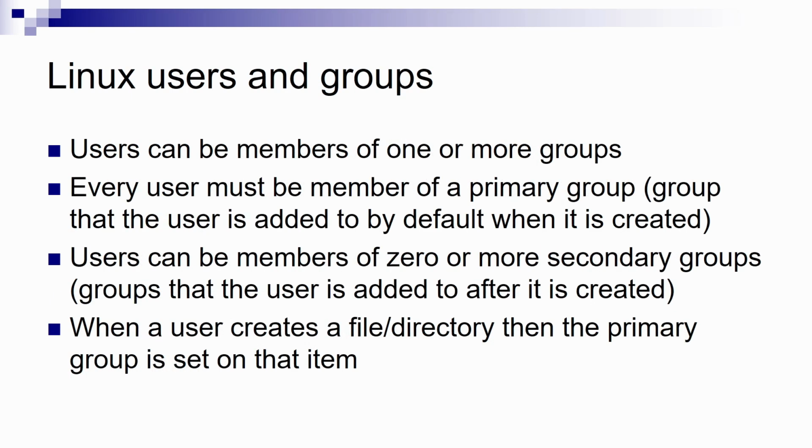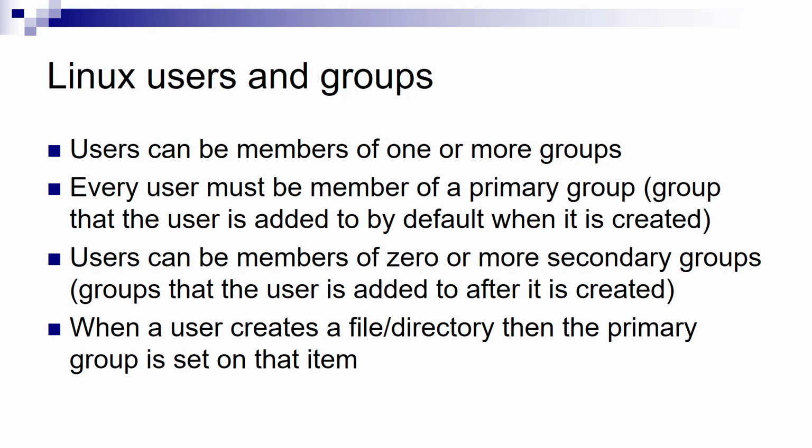Users in Linux can be members of one or more groups, and from what I know, groups cannot be members of other groups, so users are put in groups and that's it. Every user must be a member of a primary group, and actually every user is a member of a primary group because it's done by default. When you create a user, a group with the user's name will also be created, and that user is part of that group.